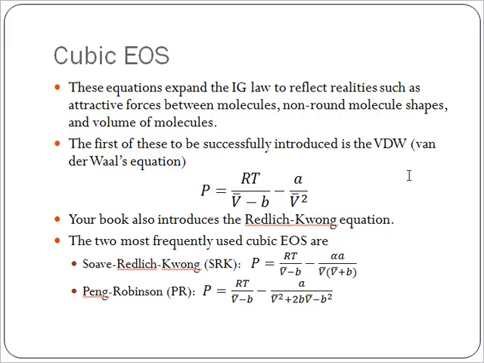Now, the first one of these cubic forms that was successfully introduced was the van der Waals equation. And this one has been around for a really long time, and it's not bad. It's been improved upon, but it really isn't a bad starting point. And this also will be where we can see why they have the name cubic equations.